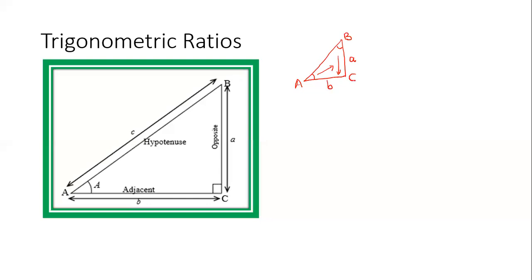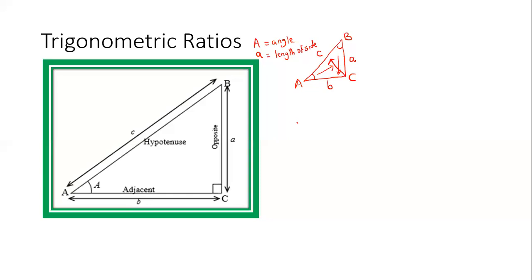Then I can put my C here. Where it faces is what I call my side c. So a capital letter means an angle, and a small letter means the length of the side.